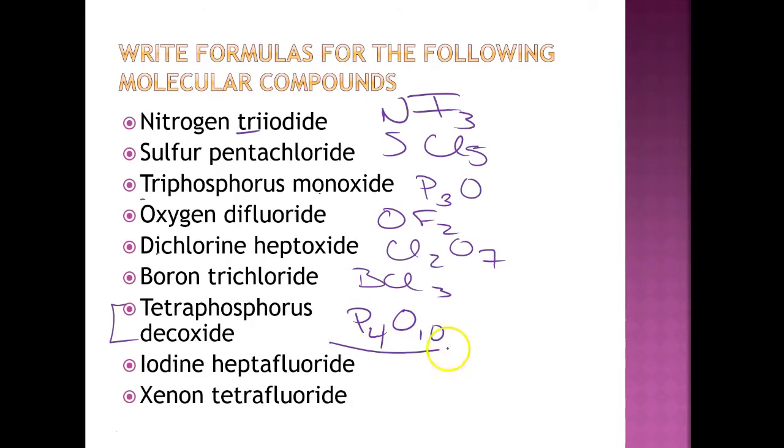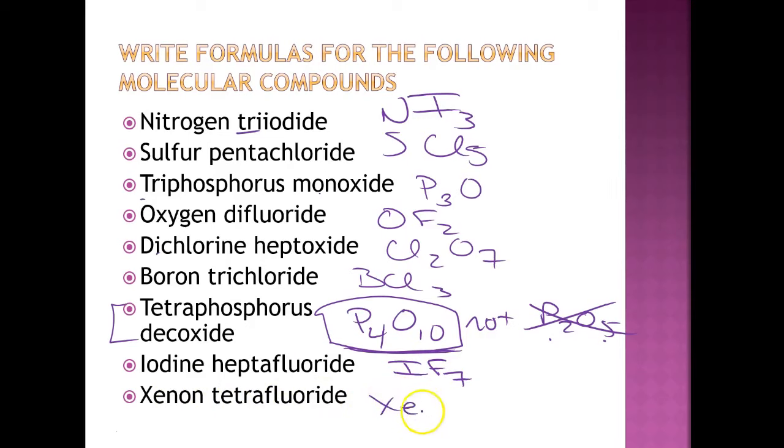P4O10. That's the answer. Not dividing everything by 2 and getting P2O5. That would be diphosphorus pentoxide. It is not that. You do not reduce. You do not switch. You do not look at charges. Okay? Iodine heptafluoride is IF7. And xenon tetrafluoride, XeF4. Okay?